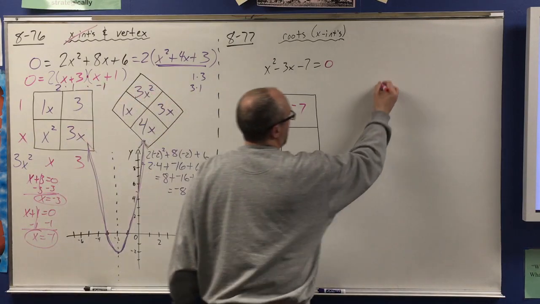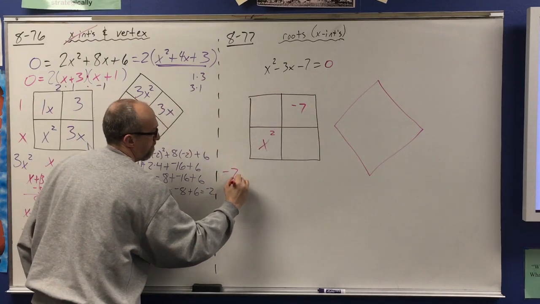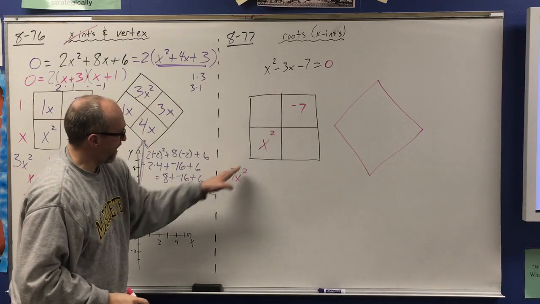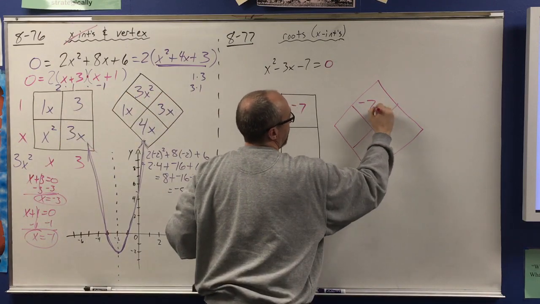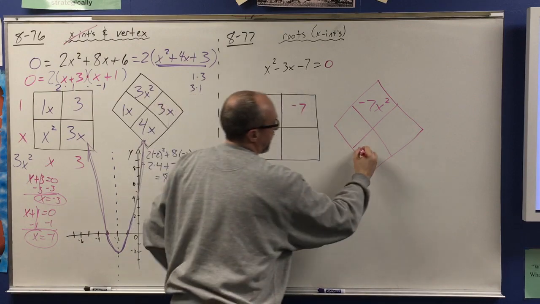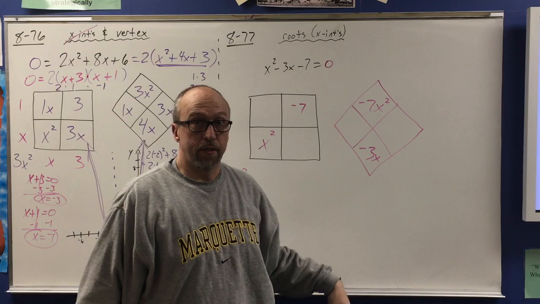So I'm going through this process and I'm trying to find a pair of numbers that multiply to -7x squared. So that's what belongs up here. The middle term always ends up here. And this is where it all goes kaput.